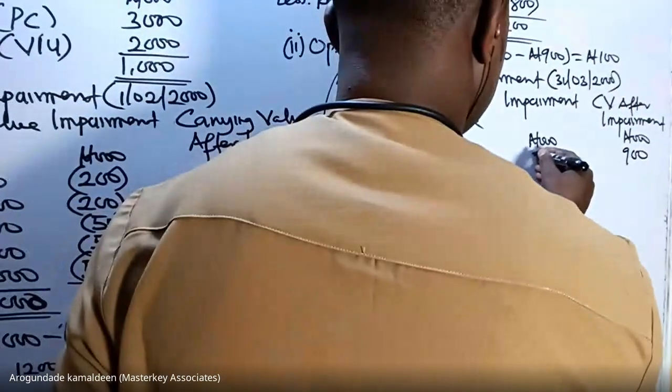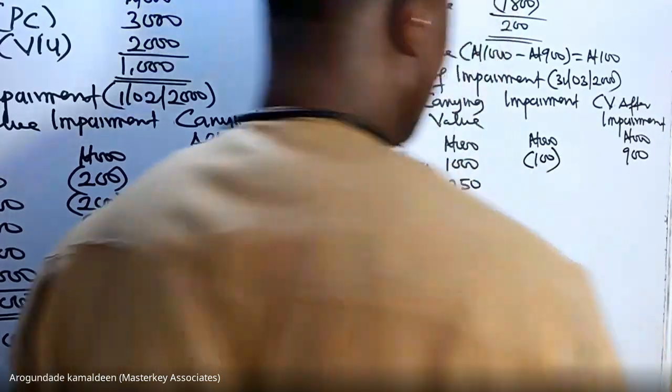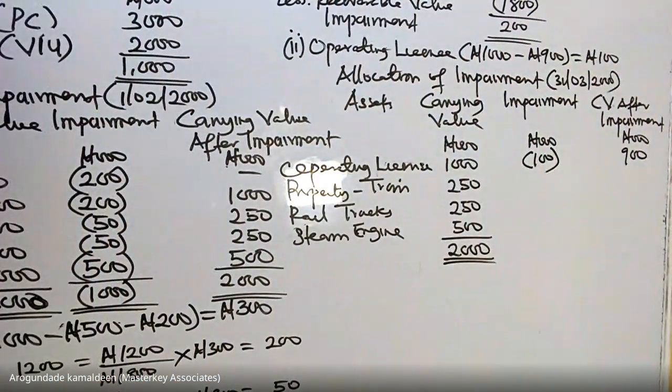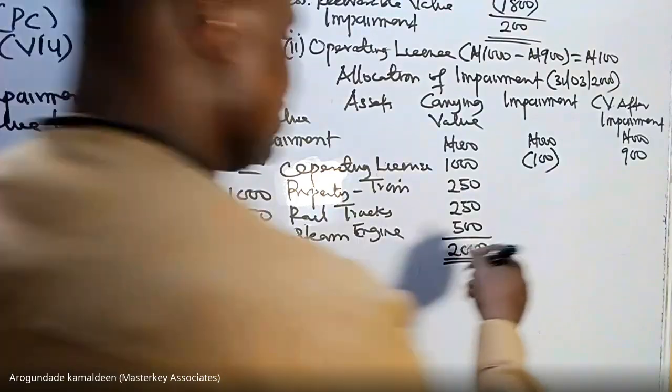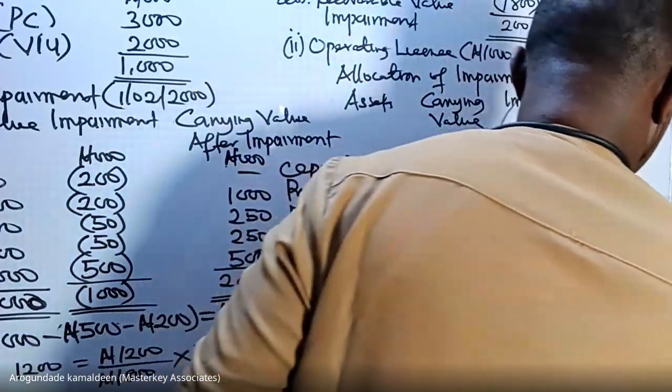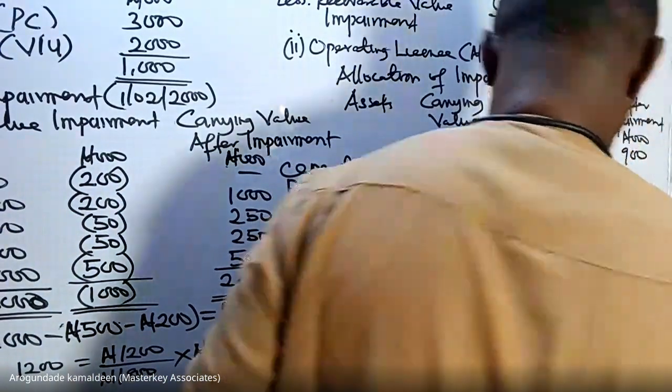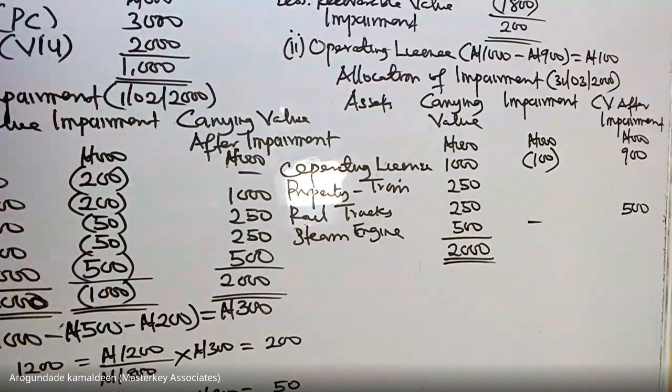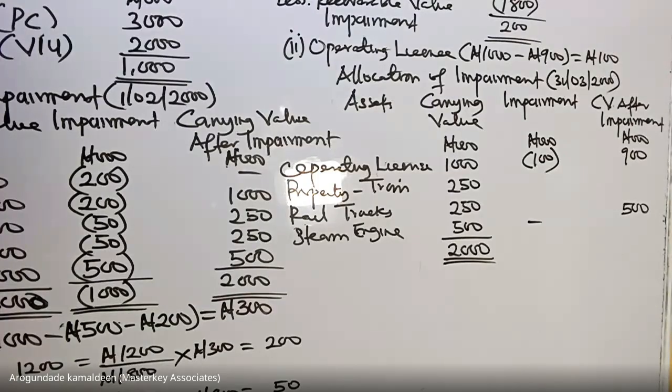So what happened? 100 naira is gone. Nothing happened again to the steam engine, so the steam engine is still at 500. Now, how much impairment do I have left to allocate? 100. Thank you. Fantastic. That's good.